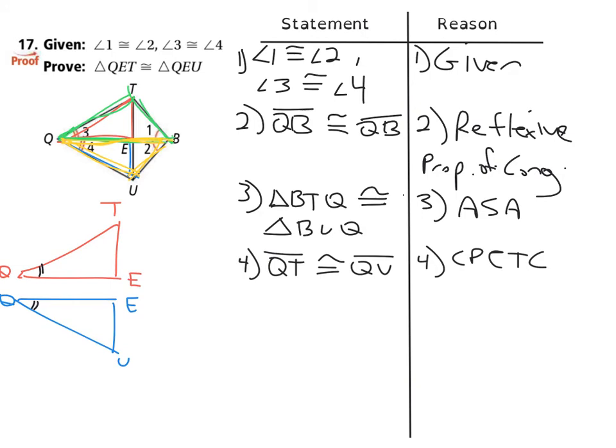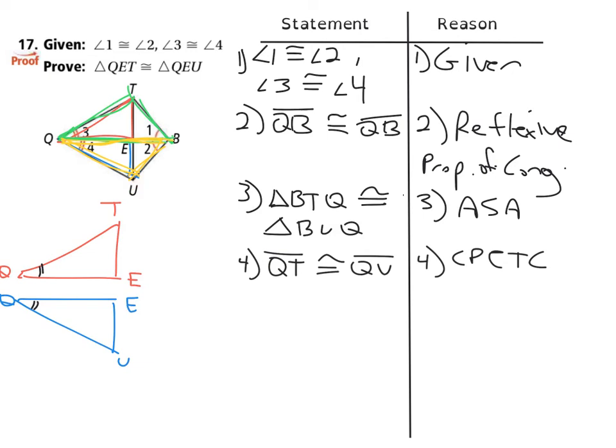We already know for these two triangles down here, the red and the blue, that I've separated off, that are on the original QET and QEU, which are the ones we're trying to prove, we already know that angle 3 and angle 4 are congruent. That was established up in number 1. Okay. We have just established that this side QT and this side QU are congruent.